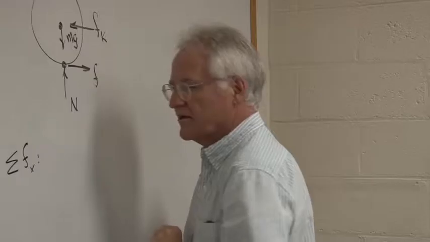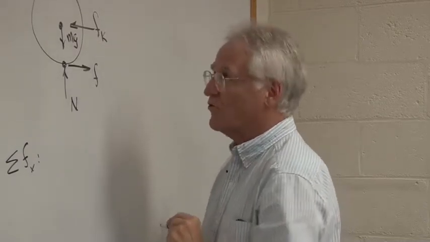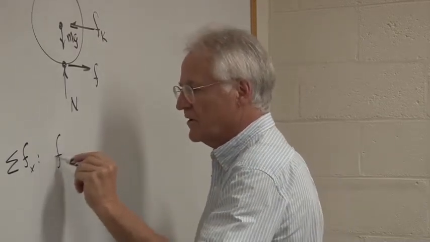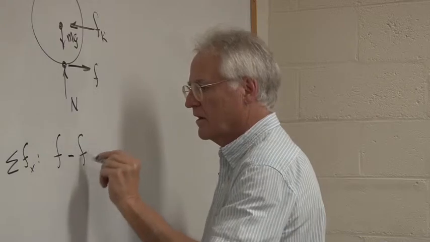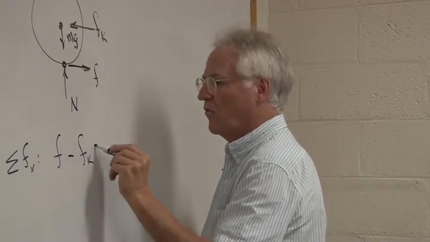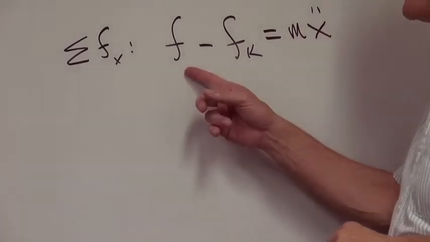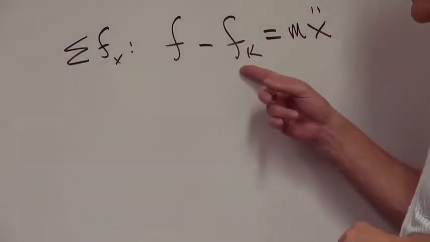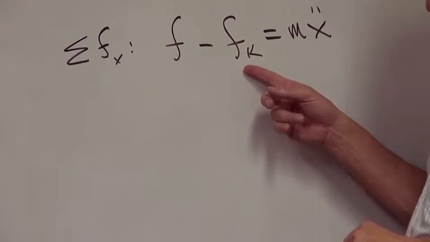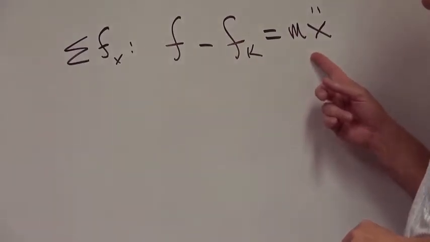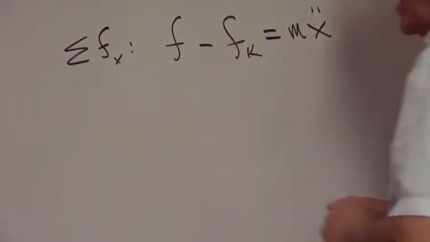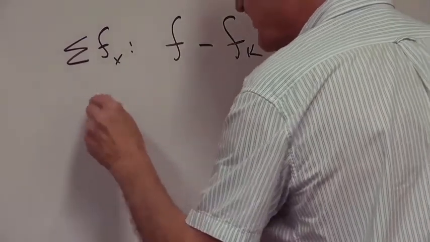Then we apply Newton's law, summing forces in the x direction, we have the friction force to the right, the spring force to the left, sum to equal m x double dot.